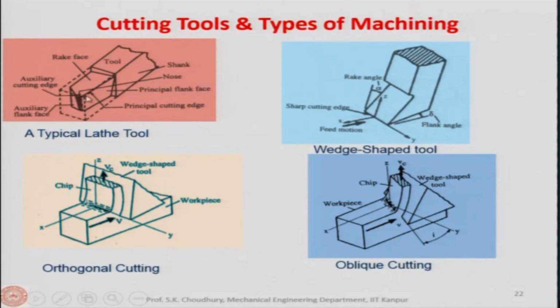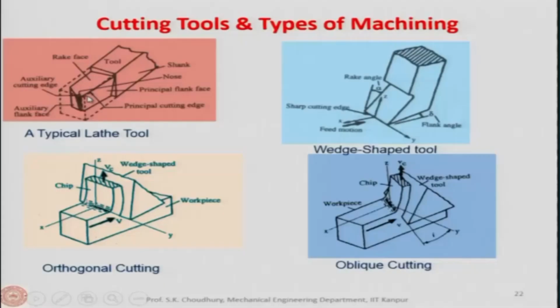And between the principal cutting edge and the auxiliary cutting edge, this is not really a very sharp edge, and normally a nose radius is given. That portion is called the nose, and the radius which is given is called the nose radius of the tool. Later I will explain to you why nose radius is important.